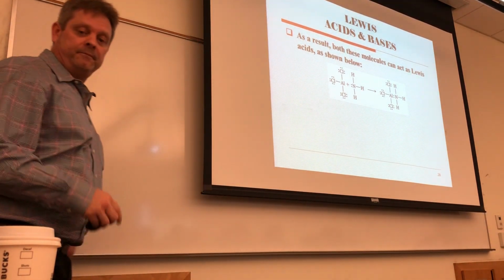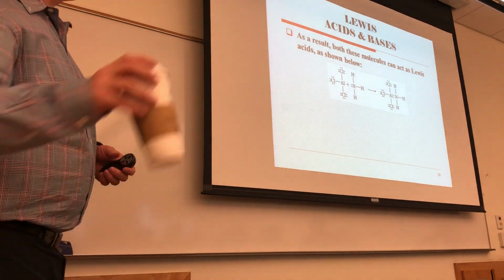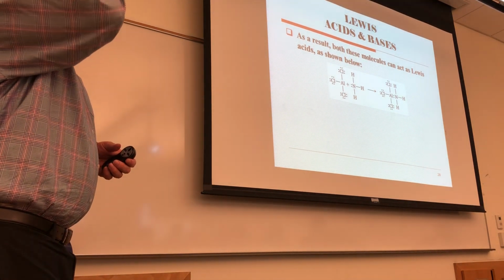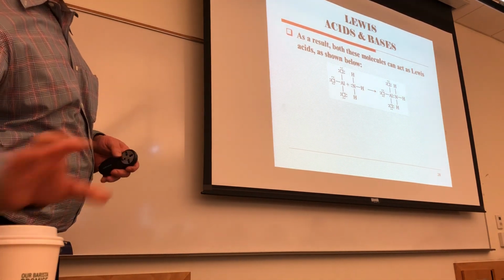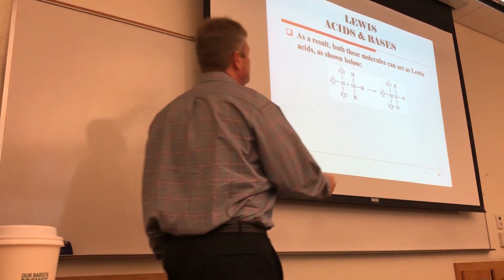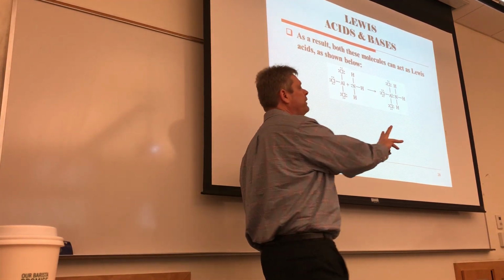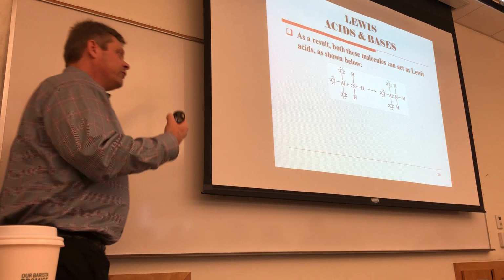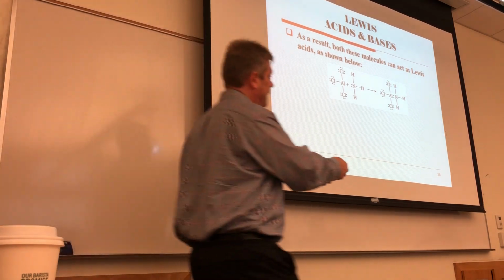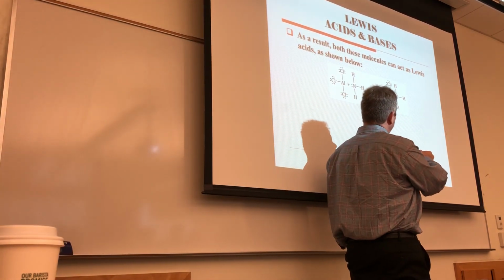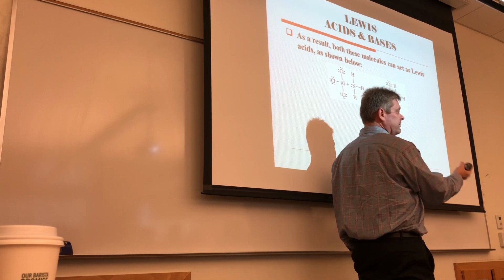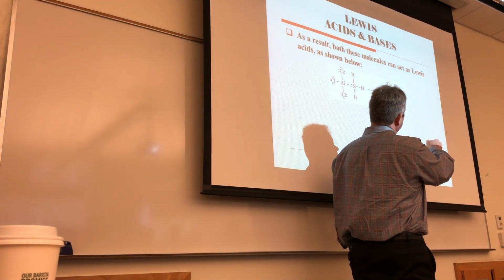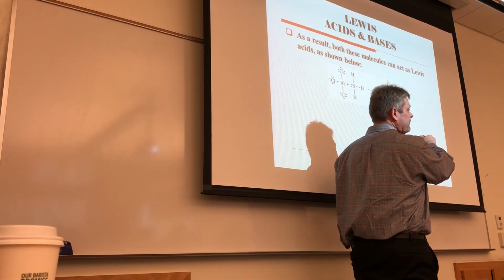Go ahead, Peter. Is it a complete transfer of electrons, or is it just sharing? Sharing. If it was a complete transfer, these wouldn't stay together. This would have a charge, that would have a charge.